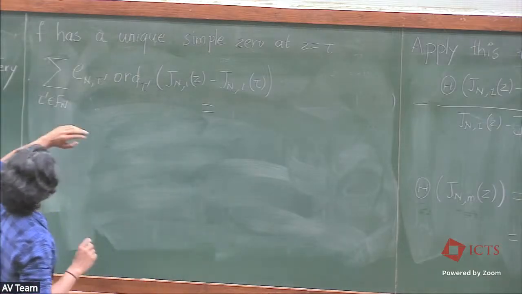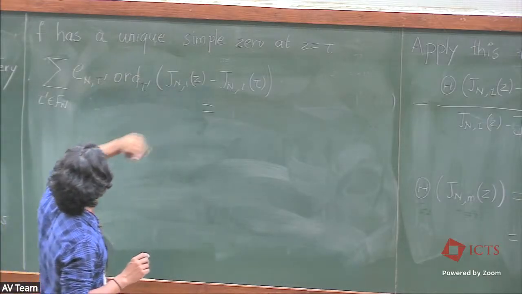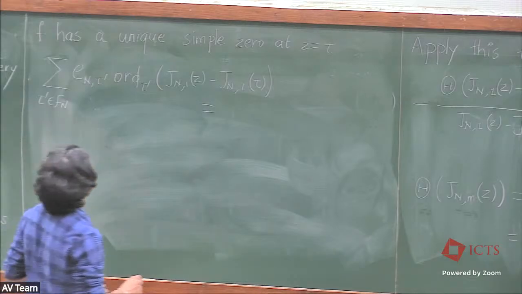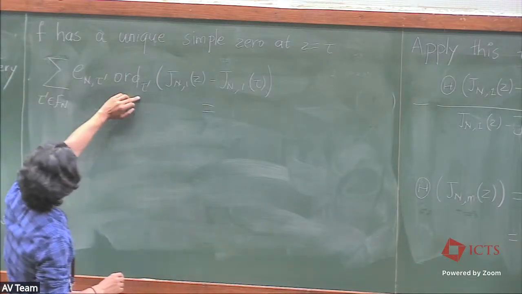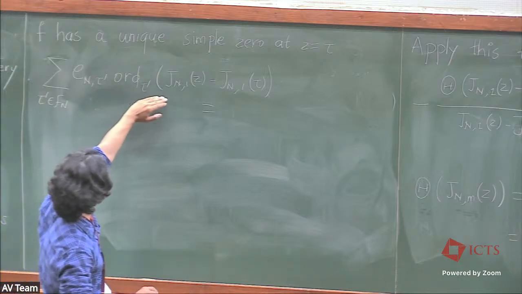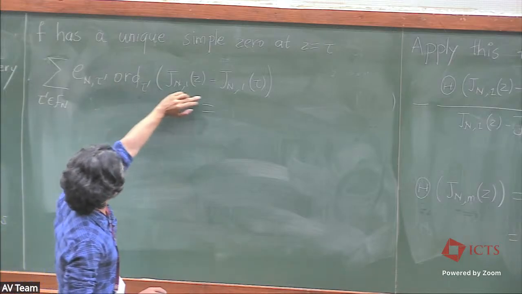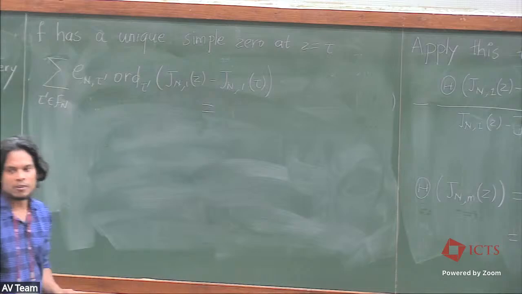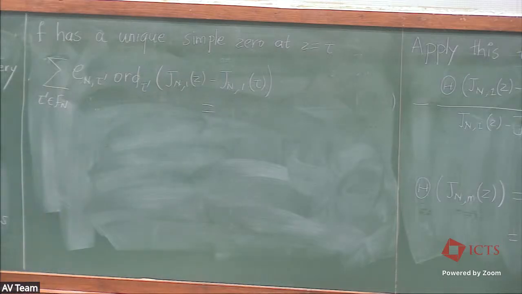One from z equals tau and the other from z equals I infinity. This order tau prime just means the order of the zero or pole of this function at z equals tau prime. So this sum has only two contributions, one from z equals tau and the other from z equals I infinity.